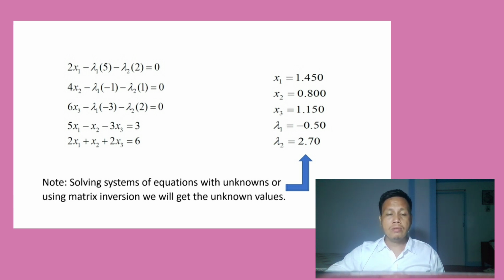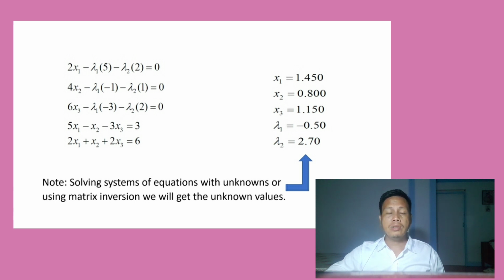Minus lambda 2 times 2. This 2 is the derivative of 2x sub 3. And 5x sub 1 minus x sub 2 minus 3x sub 3 equal to 3 is the g sub 1. And 2x sub 1 plus x sub 2 plus 2x sub 3 is equal to 6 is the g sub 2, a function of x.